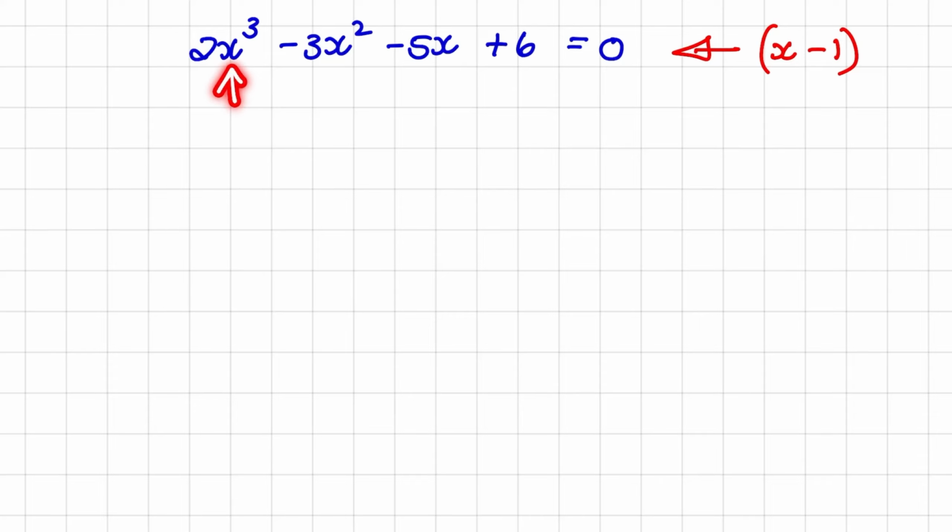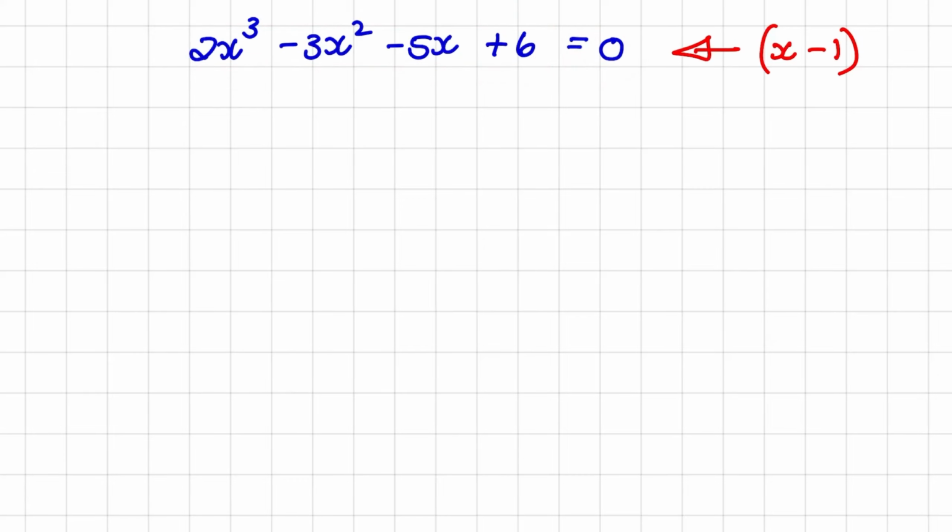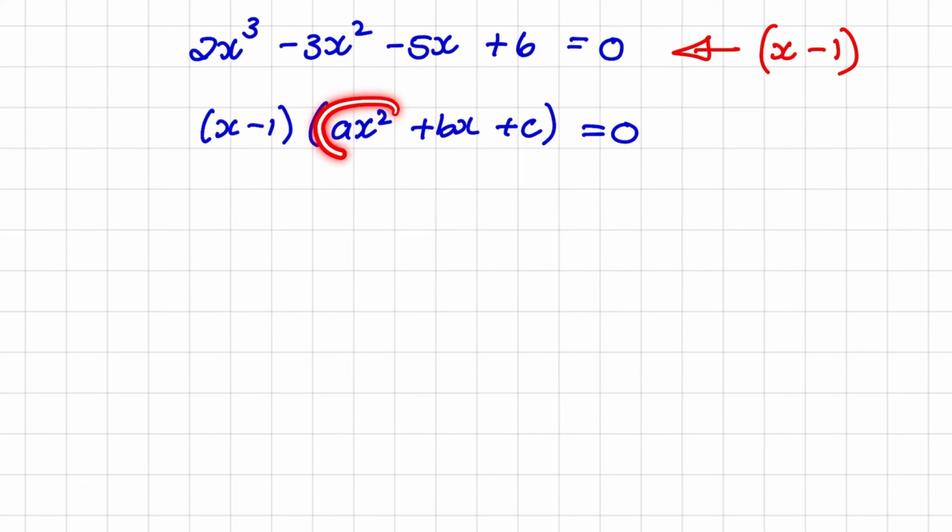So if I replace all of the x's in this expression with a positive 1, that will lead to that expression being equal to 0. So therefore my first bracket would be x minus 1. My second bracket would be ax squared plus bx plus c. And now we would solve the values of a, b, and c.